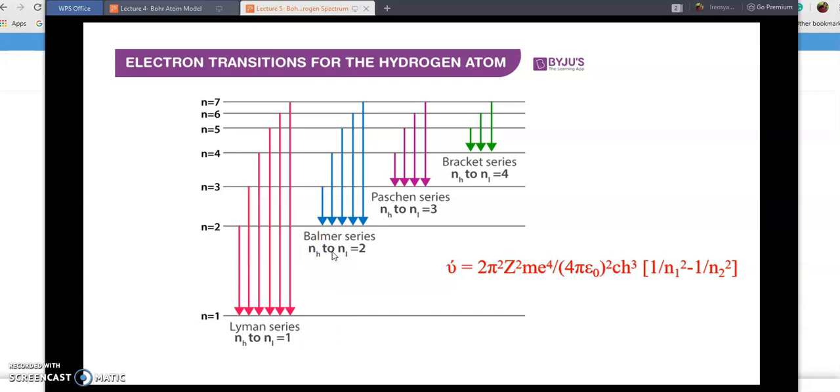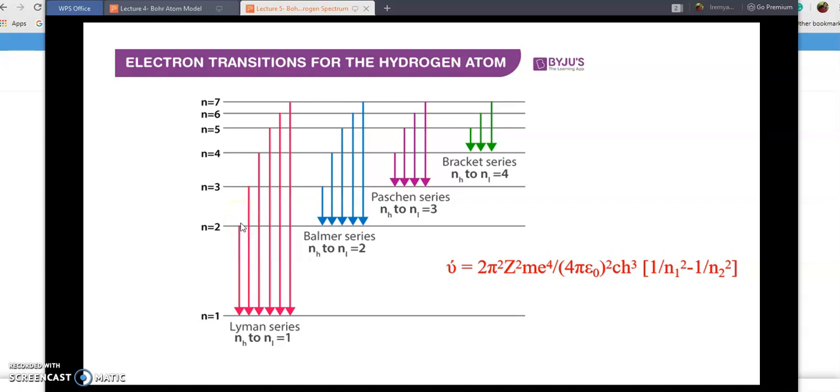The frequencies of various spectral lines of the Balmer series are obtained from the same equation by substituting n1 equal to 2 and n2 equal to 3, 4, 5, 6, etc. In the same way, the Paschen series originates from the electronic jumps from the 4th, 5th, 6th, etc. energy levels to the third energy level, and the frequencies are obtained by substituting n1 equal to 3 and n2 equal to 4, 5, 6, etc. and so on.